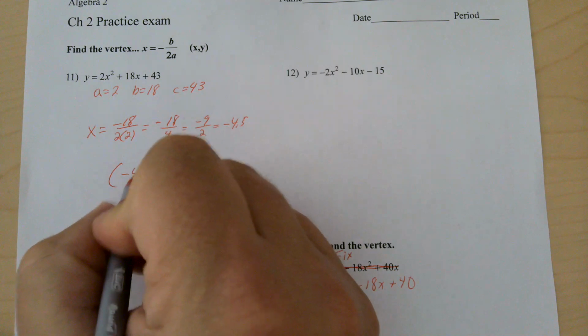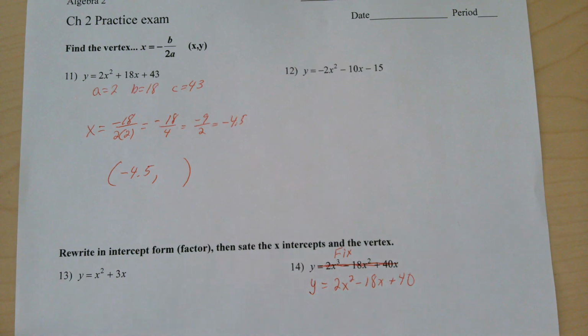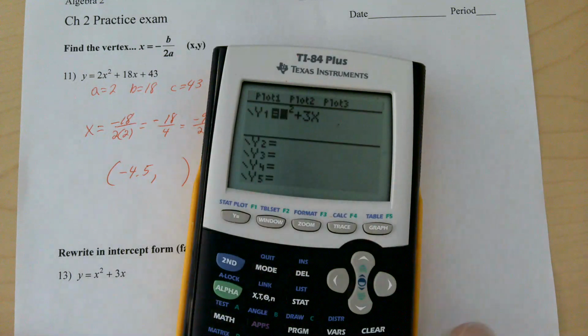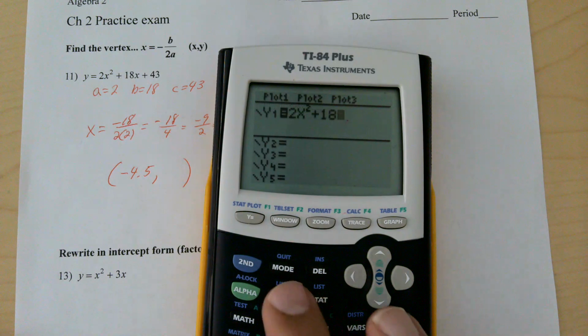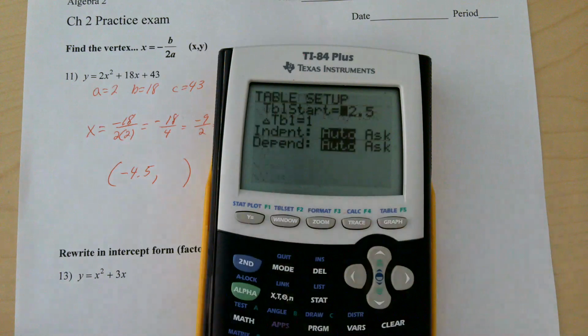So I know that's where I'm going to have to go on my calculator. Okay, I'm going to need to find when x is -4.5, what the y value is. So all I need to do is go to the y equals screen, hit clear, and 2x squared plus 18x plus 43. So I just have to make sure I type the row in correctly. And now I can just have my table start at -4.5.